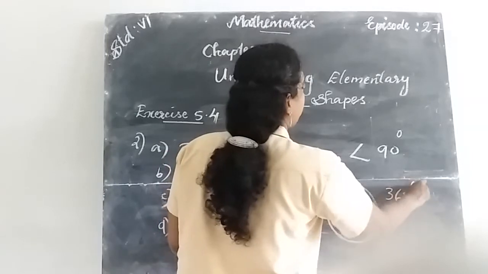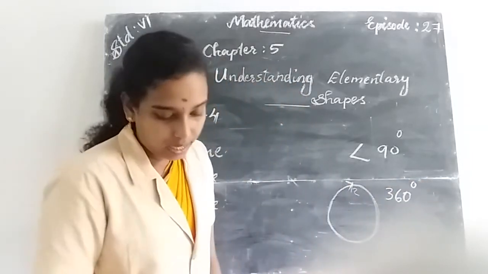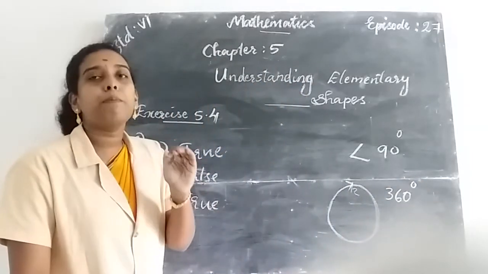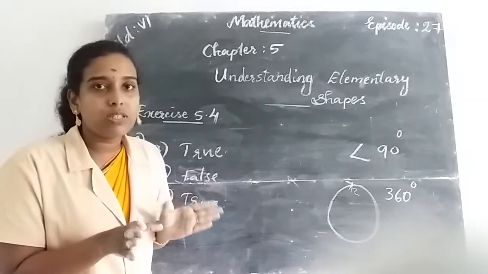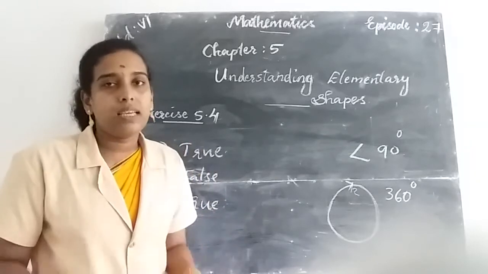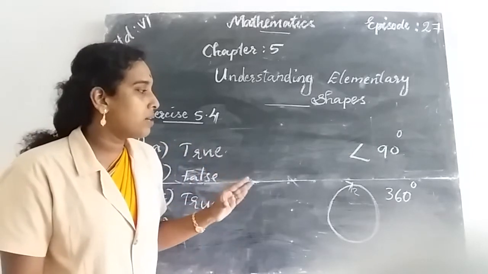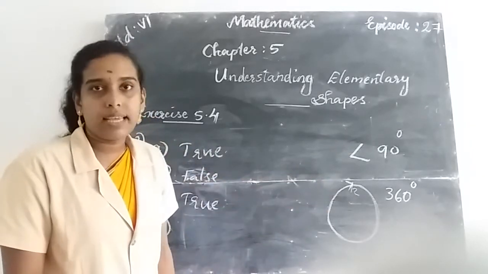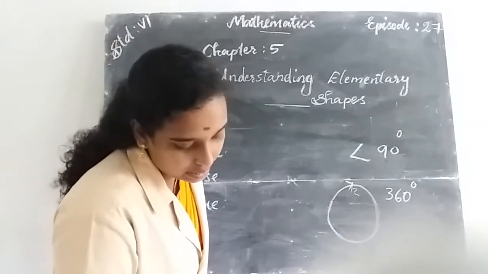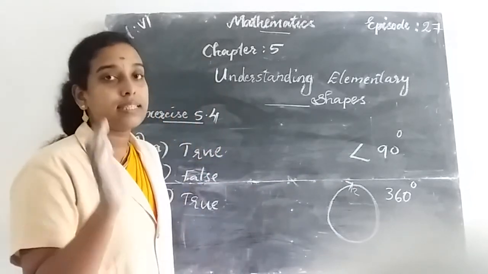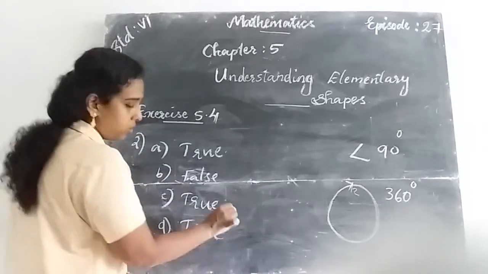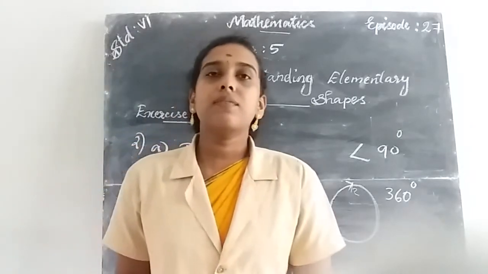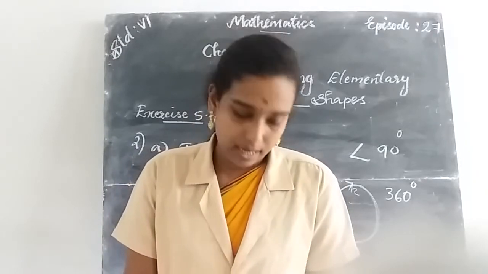So one complete revolution is 360 degrees, and half of the revolution means 360 by 2, that's 180 degrees. So the statement is false; the measure of one complete revolution is equal to 360 degrees.